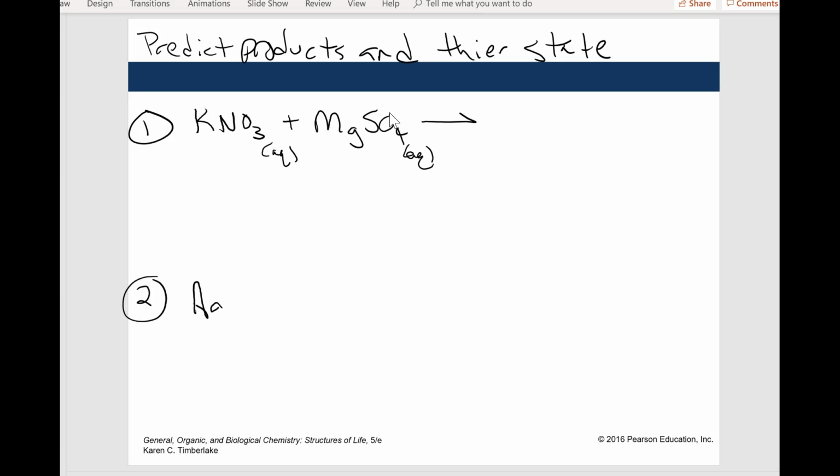And then silver nitrate reacting with sodium chloride. And remember, when you're doing a double replacement, you're just going to swap the places of the cations. And your products also have to have a cation paired with an anion, and it has to be charge neutral.